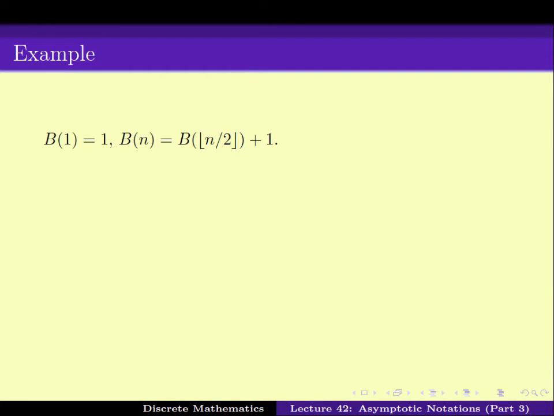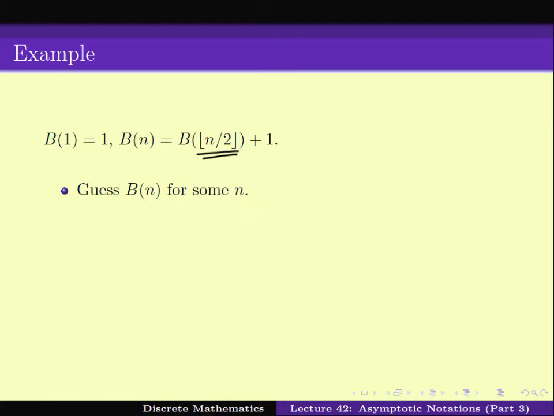So here is one more problem. b1 equals 1 and bn equals b of floor of n over 2, plus 1. Again, we need to first guess bn for some n. Since I am getting floor of n over 2, we have to somehow choose n so that n over 2 is always an integer and I can throw away the floor.